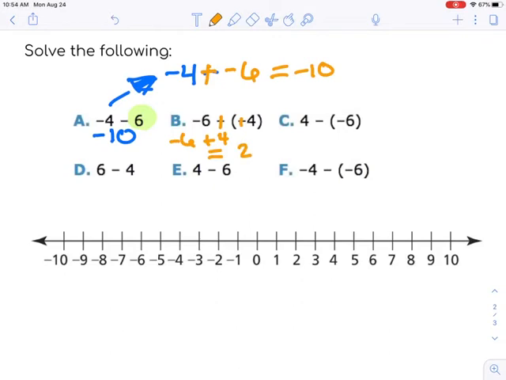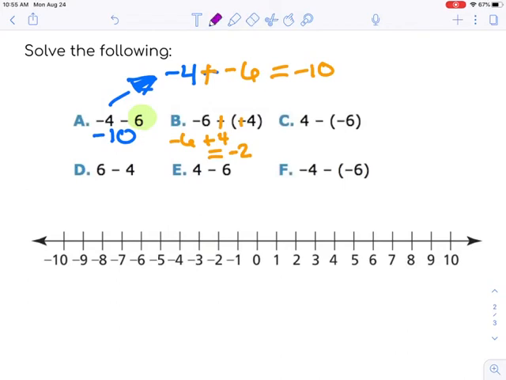But don't forget that larger number is negative, so we need to keep that negative sign. We could have also visualized this on the number line. So we start at negative 6. And then you're taking away a negative 4, which really means you're increasing by 4. So 1, 2, 3, 4. And we're back at negative 2.